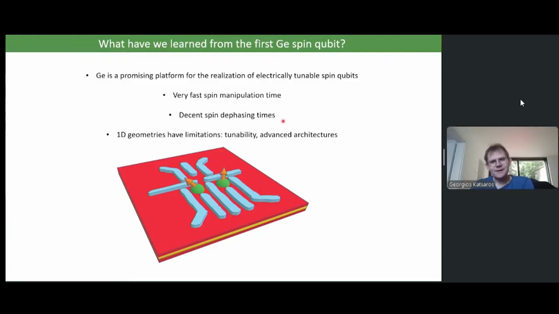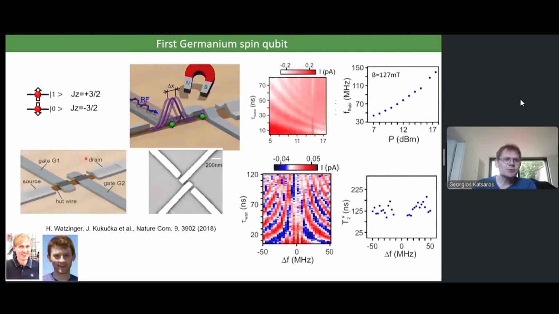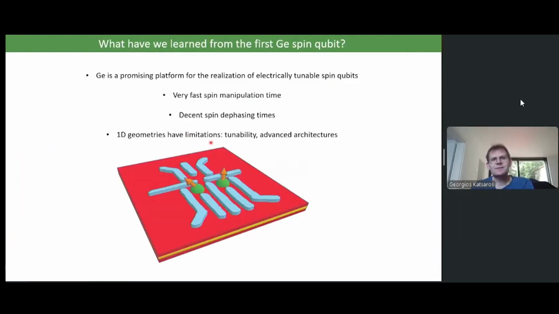What we also realized is that when you work with nanowires, it is rather challenging, because what I showed you here, I told you what's the positive aspect, that you need just one gate per quantum dot. But what was difficult to do is to tune the tunnel coupling between the two quantum dots. And when you want to go towards advanced experiments, tunnel coupling is everything. So this is a serious limitation.